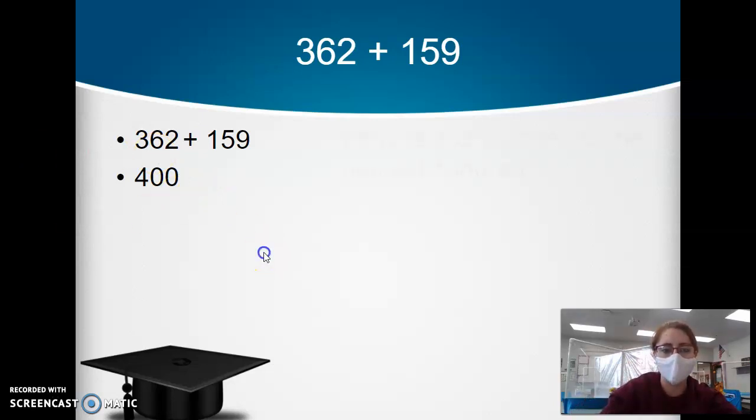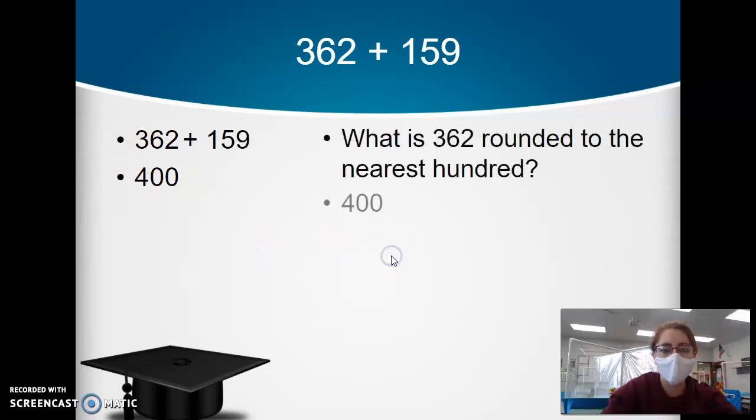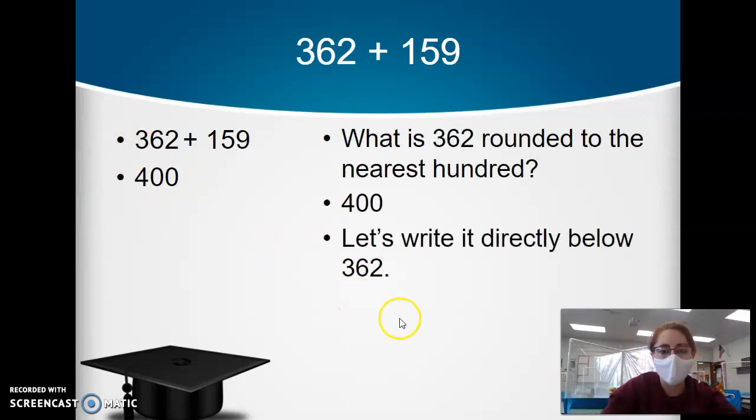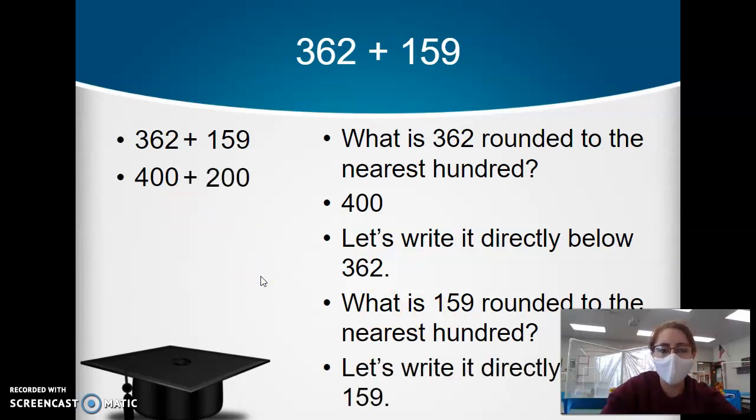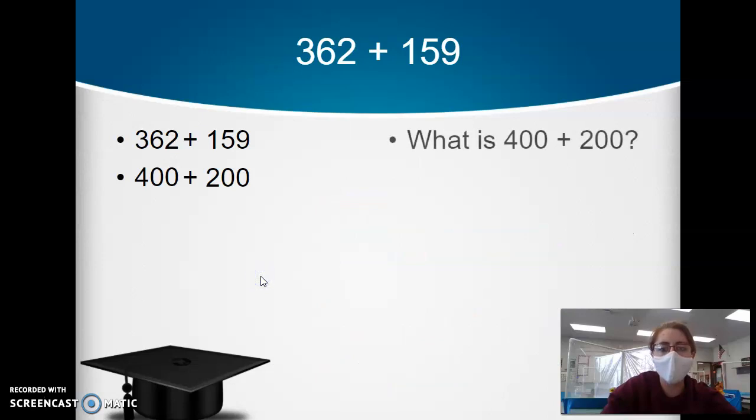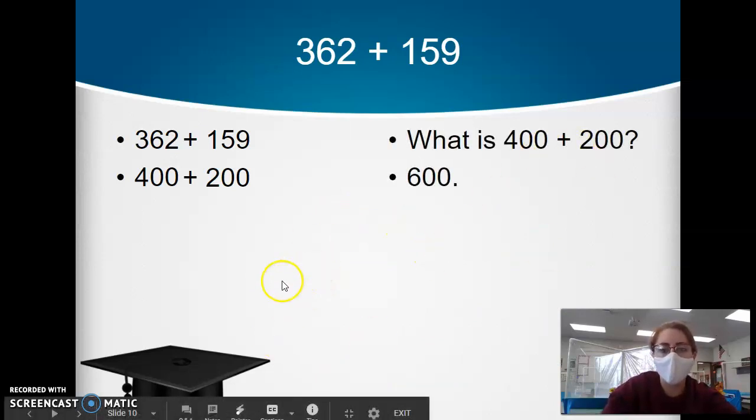So that's what that one will be, 400. What is 159? You look at the 5. Is 5 going to round up or is it going to round down? 5 and up rounds up. So 159 is going to go to 200. So it's going to be 400 plus 200 equals 600. Okay, 4, 5, 6, and then add your zeros.